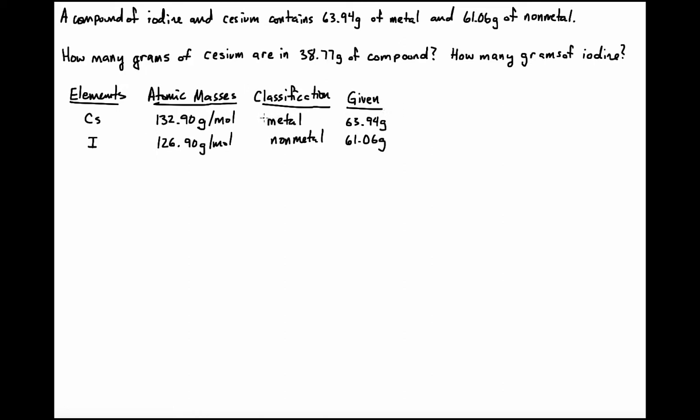So the compound is a combination of iodine and cesium. So what we're doing in the first part of this problem is determining the ratio of the elements. So the elements will combine in a specific ratio, and we usually call that stoichiometry.